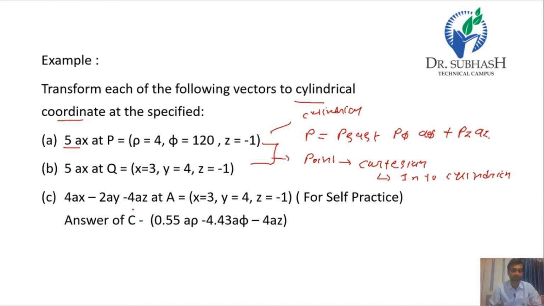And in the third part we are given 4ax minus 2ay minus 4az at a point x equal to 3, y equal to 4 and z equal to 1. Same here, we first have to transform this point into the cylindrical coordinate, and then we have to transform the vector into the cylindrical coordinate system.